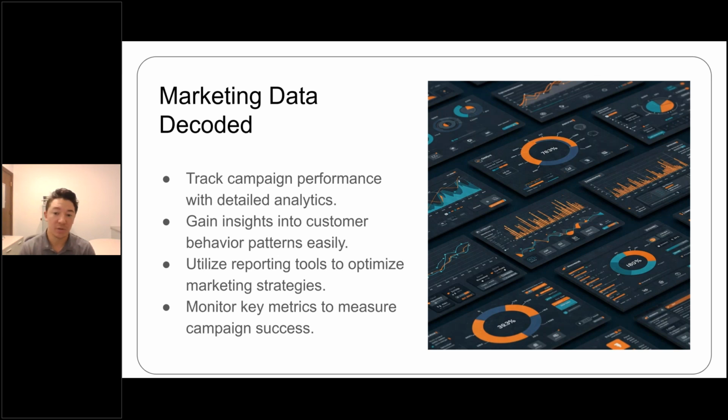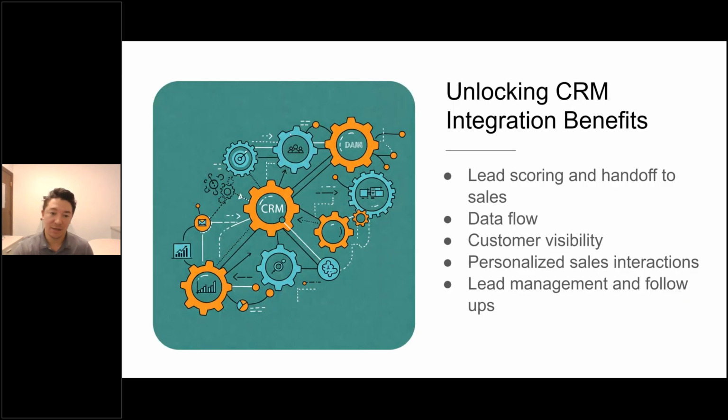Optimizing your workflows, so adjust your automated workflows to improve lead nurturing and customer journey effectiveness. And then just continuous improvement too. So marketing is an iterative process, so continuously monitor your results, test new ideas, and refine your strategies to achieve ongoing success. And then make sure it's integrated into your CRM.